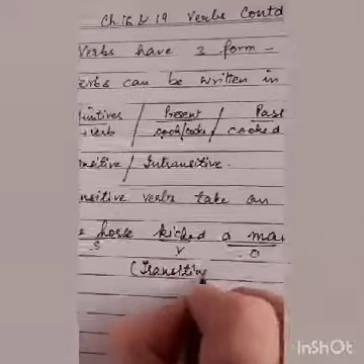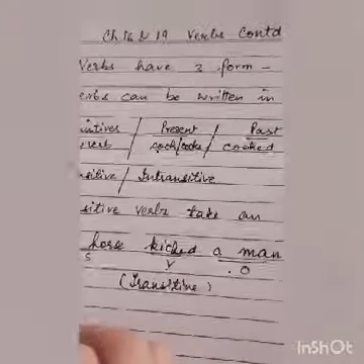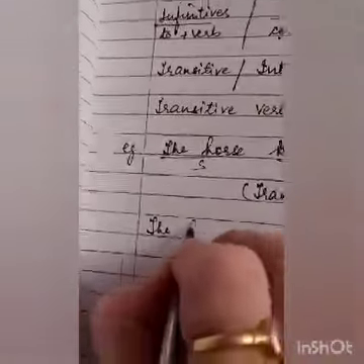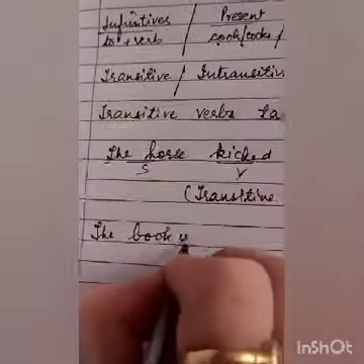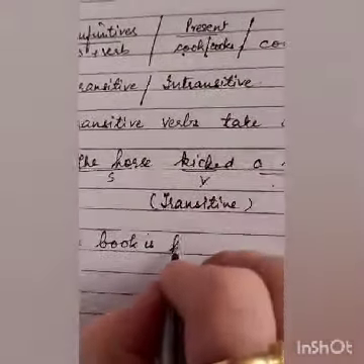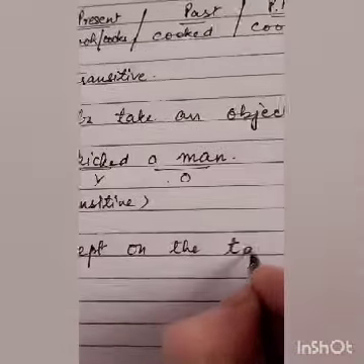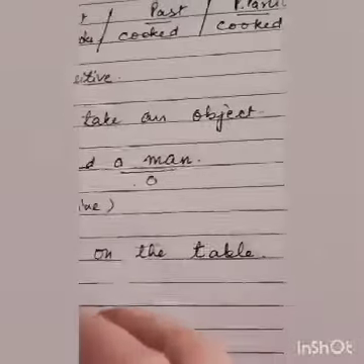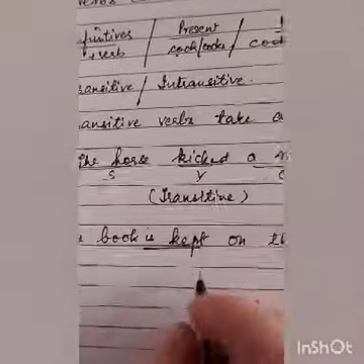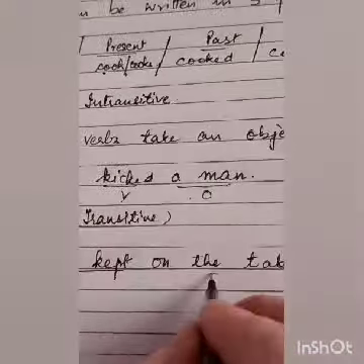Right? Then, sometimes the sentences are, the book is kept on the table. Now, first you underline the verb. This is the verb, right? Now, this is the object, you can say.